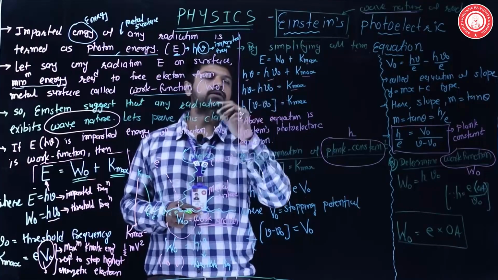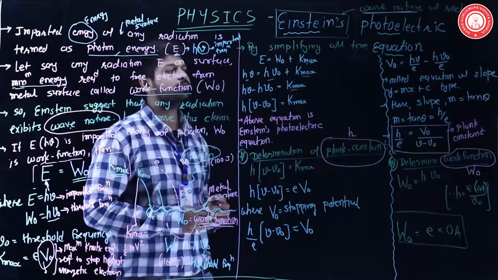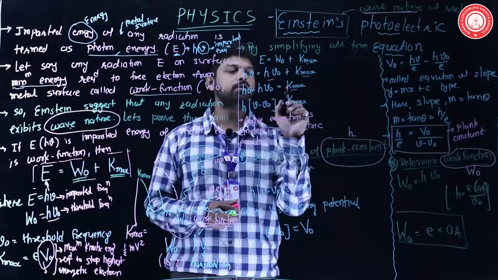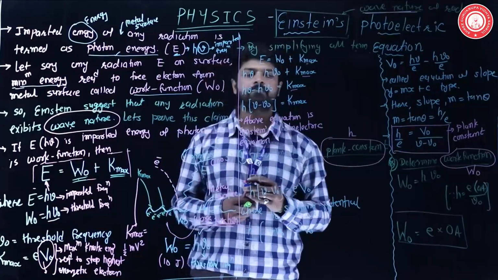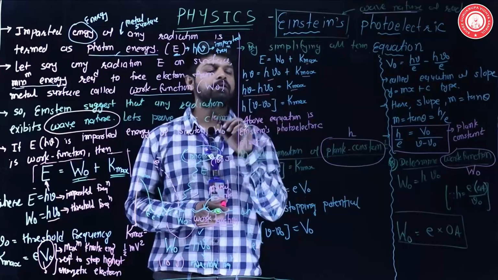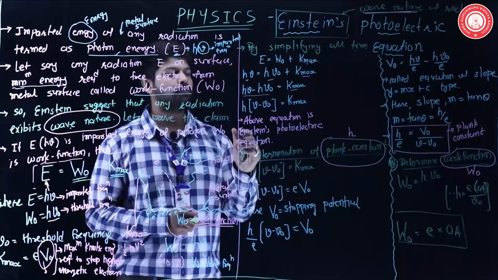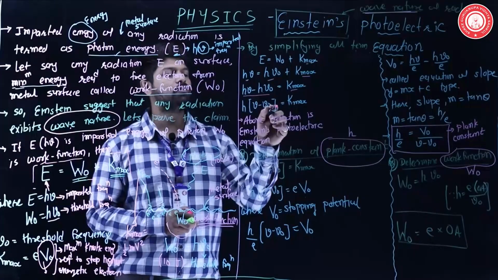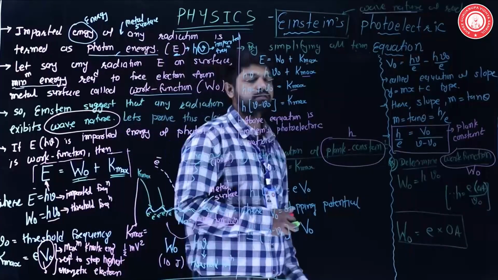Put this hv0 on the left hand side of this equation, and we get hv minus hv0 is equal to Kmax. Now if we take h common from both terms, what do we get? h common, v minus v0 will be Kmax.